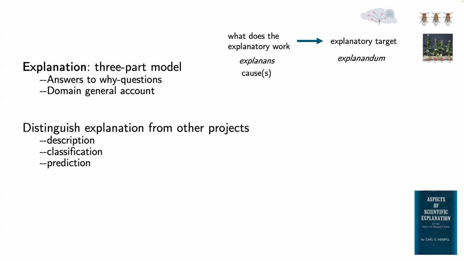If we have a patient with Koplik spots, white spots in their mouth, we can make a very reliable prediction that they have measles, but those spots don't explain measles. Same with other cases, like where a patient has a bullseye rash, and you can give a prediction that they'll get Lyme disease.